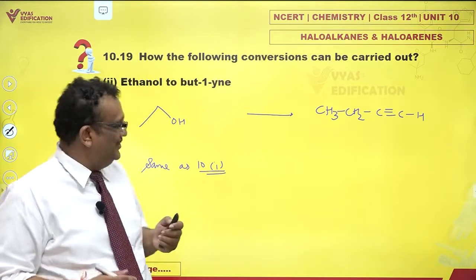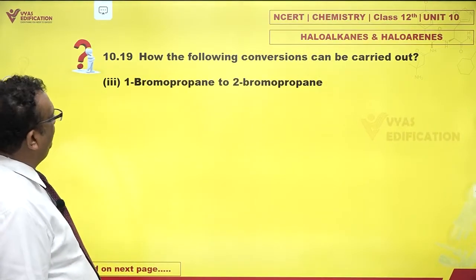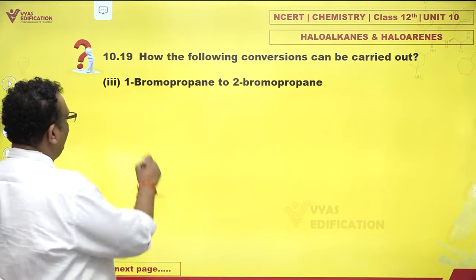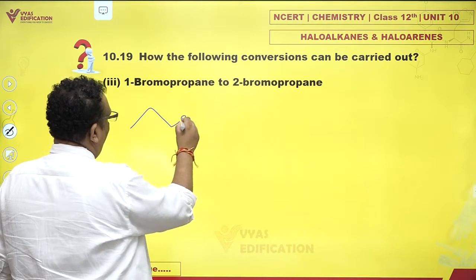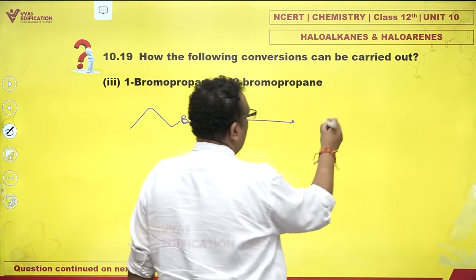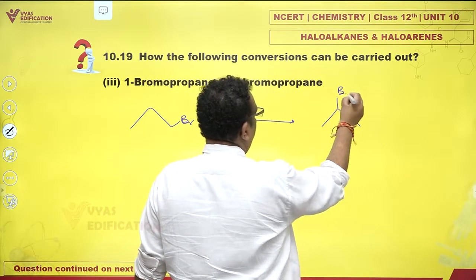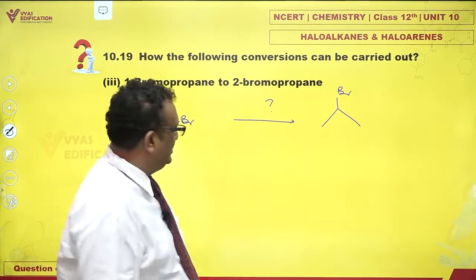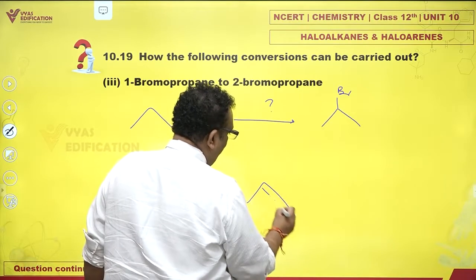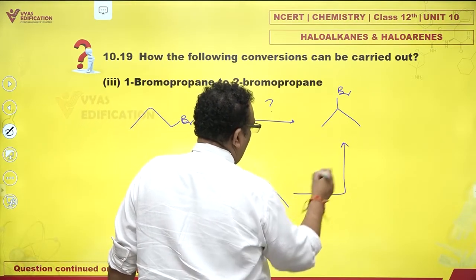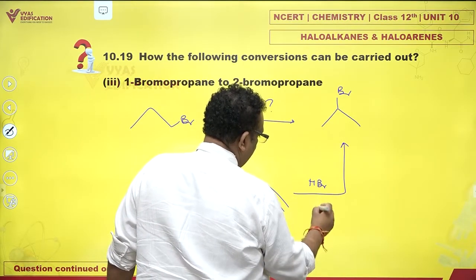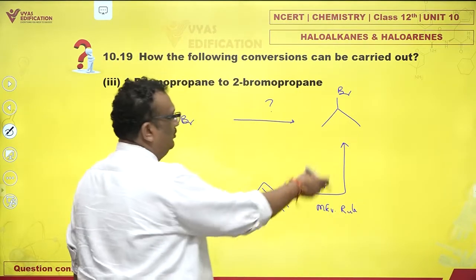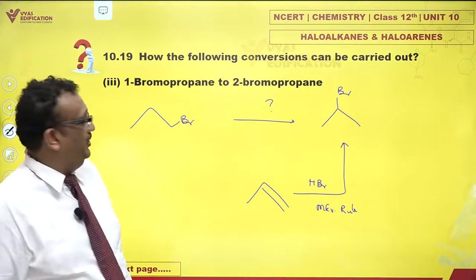And then we have 1-bromopropane to 2-bromopropane. Very interesting again. How do we do this? We could actually do this in 2 steps. If you have propene, and if you add HBr by Markovnikov rule, you will surely have 2-bromopropane.